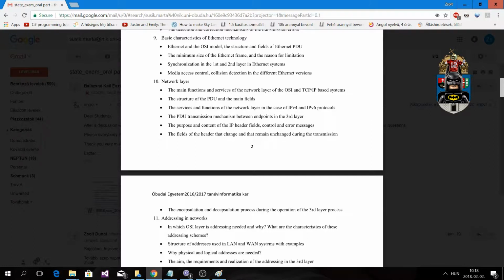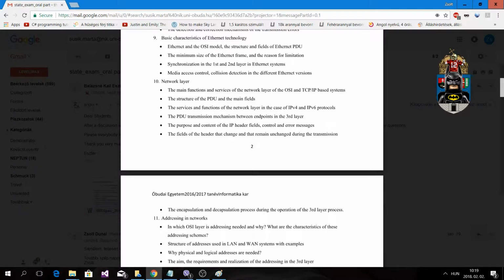These IP addresses will remain unchangeable during transmission because they are identifying the source and the destination, and based on this the device will determine where the packet should be forwarded, and the destination will see whether it received a good packet or not.